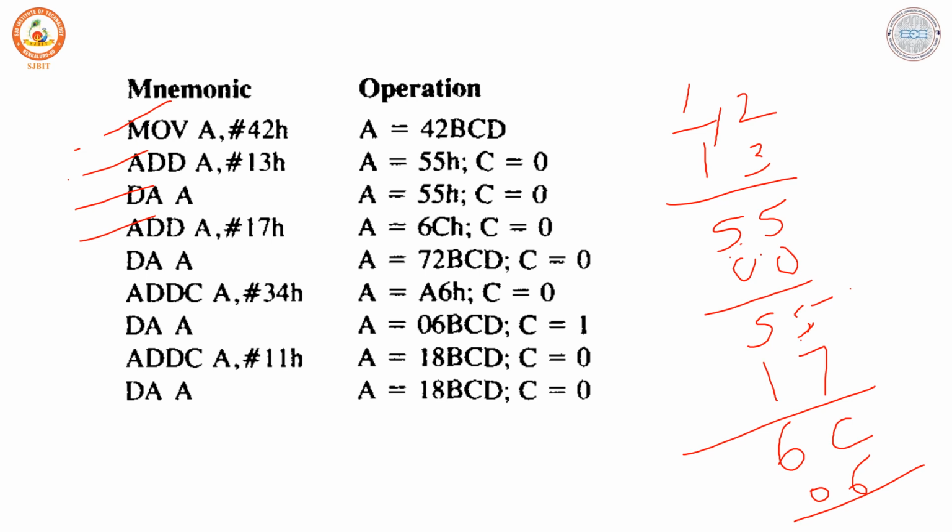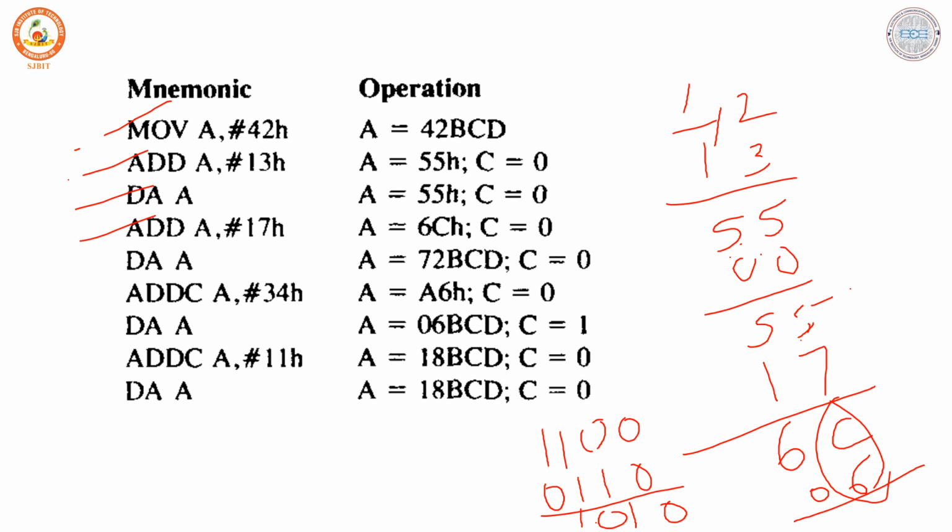C is nothing but 1100 and 06 is 0110. I am performing 1100 added with 0110.